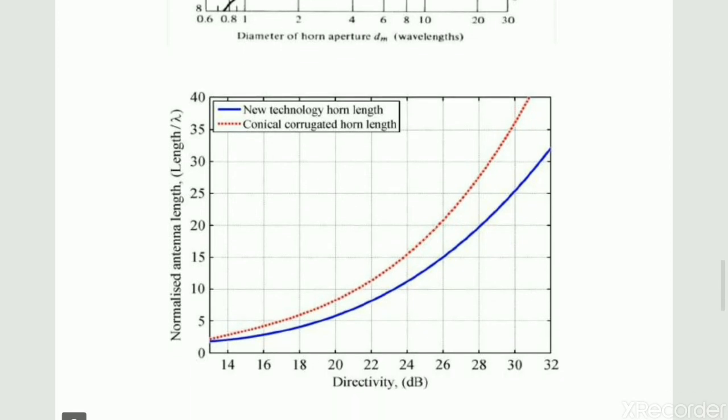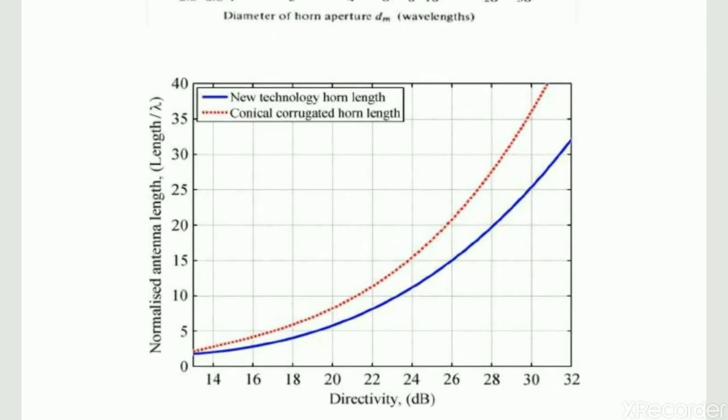So the next graph is of the directivity versus normalized antenna length. There are a total of two plots: the blue one is the new technology horn length, and the other, red in color, is the conical corrugated horn length. So we can see the relation between directivity and normalized antenna length.